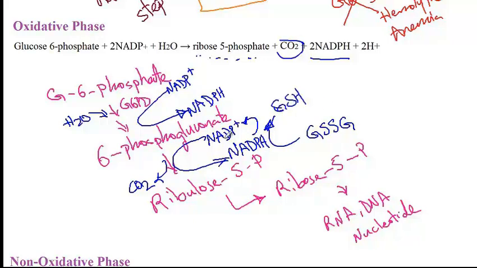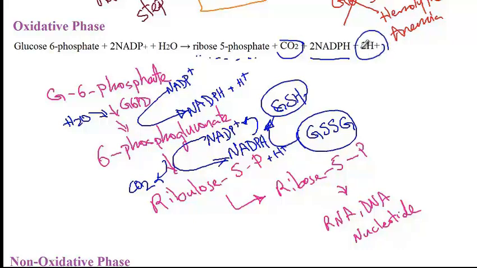So it's like a circle. NADP+ converts to NADPH, and by its conversion back to NADP+, the oxidized form of glutathione becomes a reduced form. And all these reactions also have H+, so that's how we get that 2 H+ there. Alright, so that's the oxidative phase.